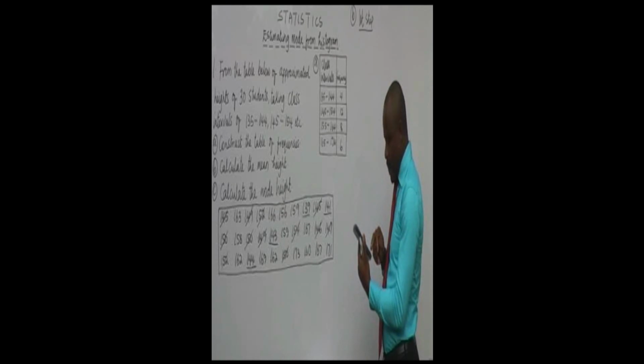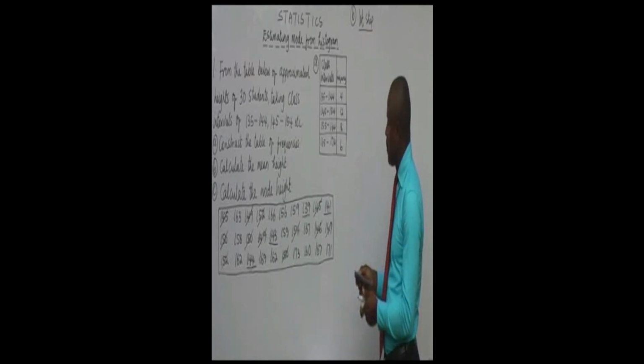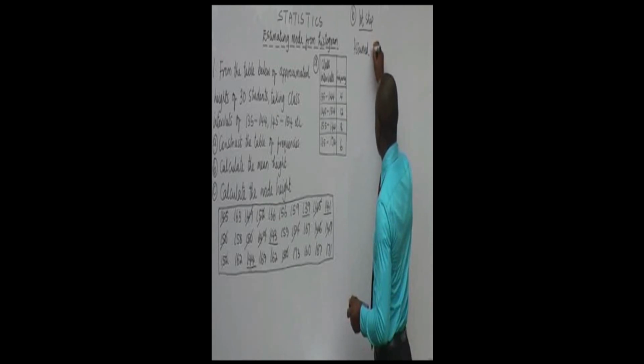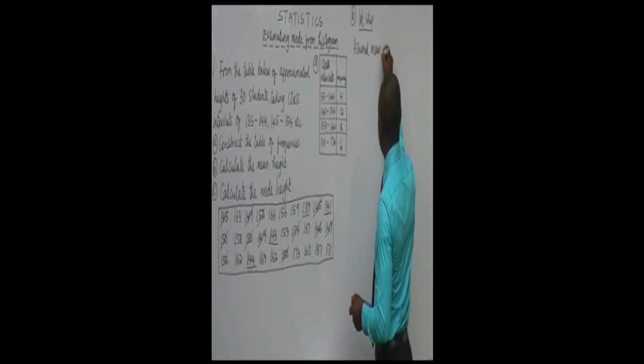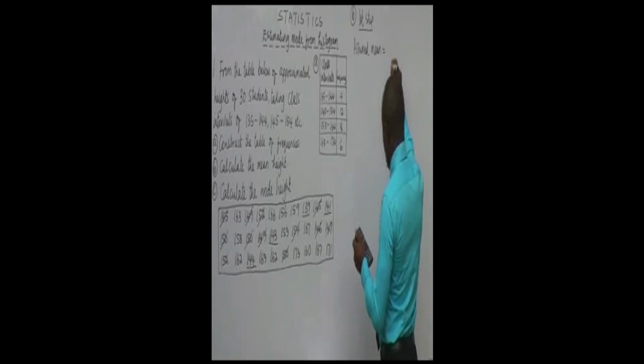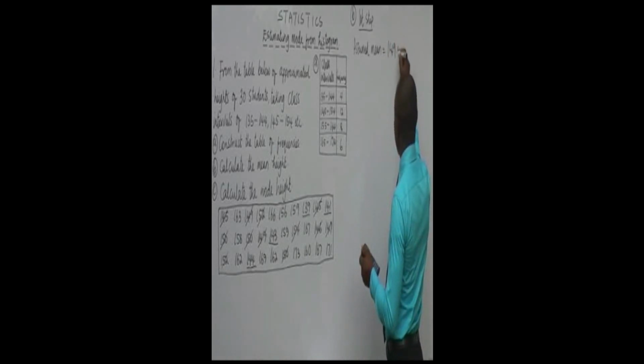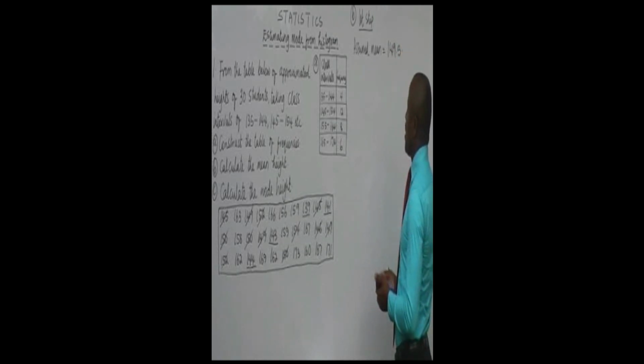Let's find the value: 145 plus 154, divided by 2, gives us 149.5. That is our first step.